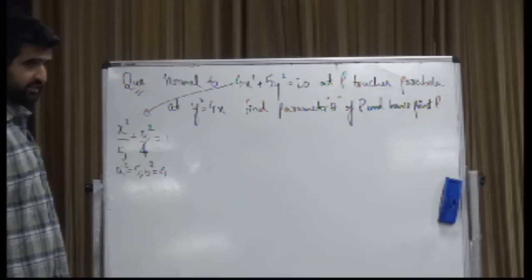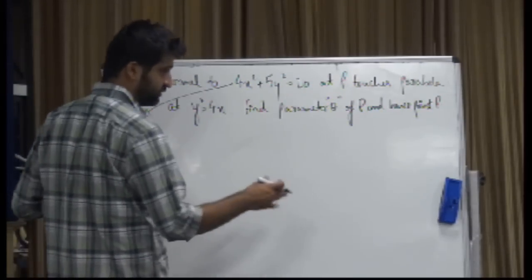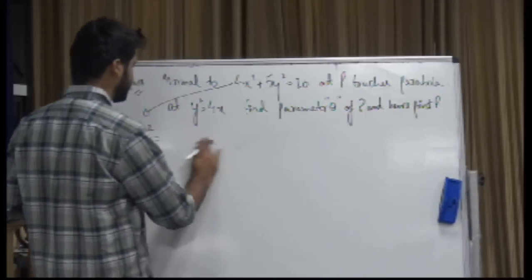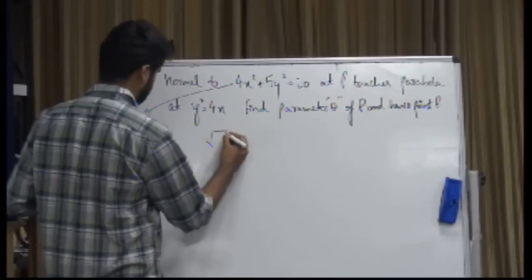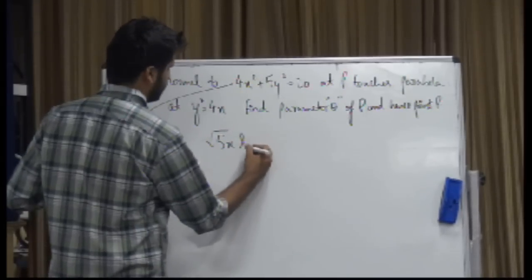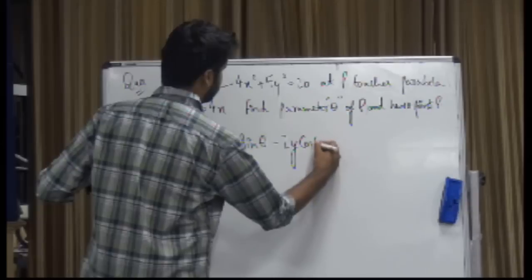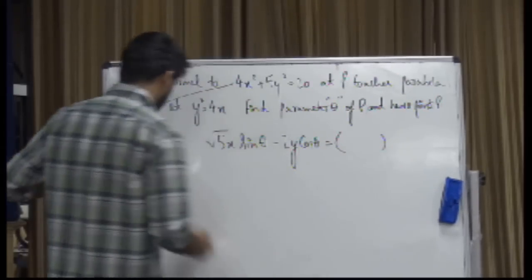Ax upon cos theta minus by upon sin theta is equal to a square minus b square. So the value of a is root 5. Root 5 x sin theta minus 2y cos theta is equal to, what is a square minus b square?